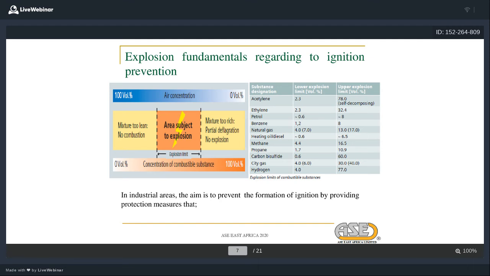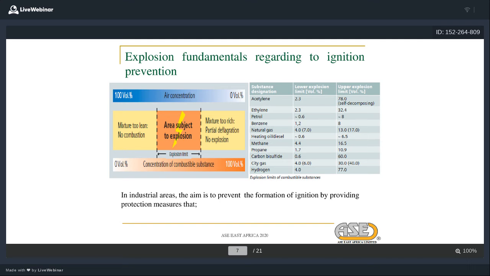The flame will propagate in a way that it cannot provide sufficient concentration to cause explosion. But the range in between is the area subject to explosion. We call it the explosion limit.